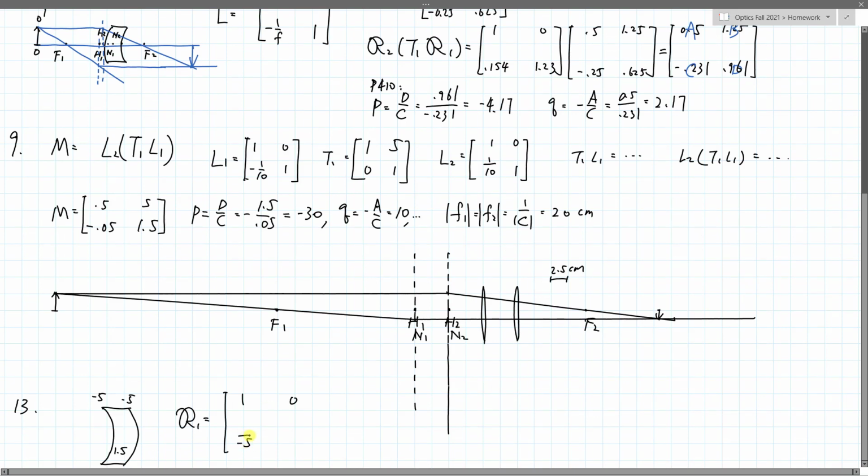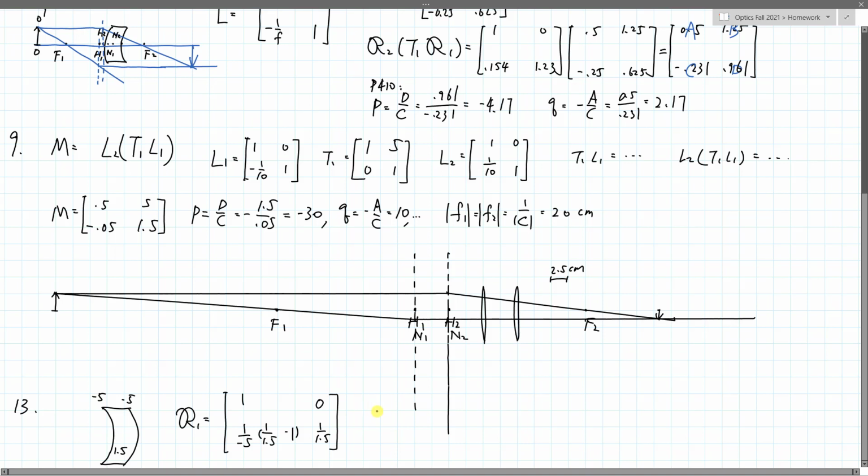And then left over right, 1 minus 1.5 minus 1. And then left over right, 1 over 1.5 over to the right. Okay, so that's the first refractive surface. I'm just checking to make sure it's right. Yep.